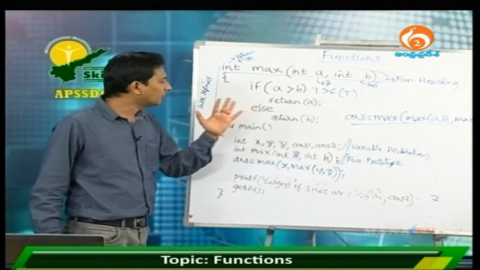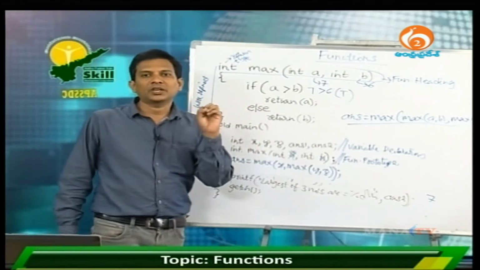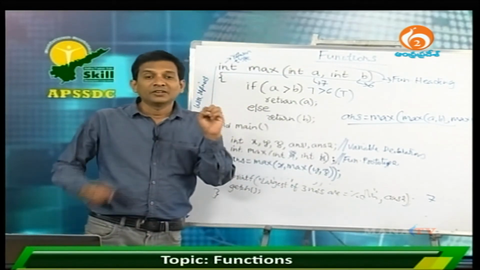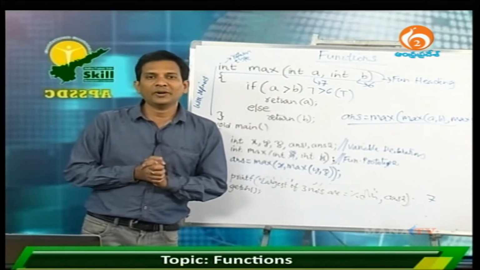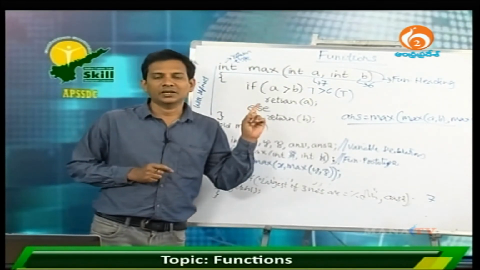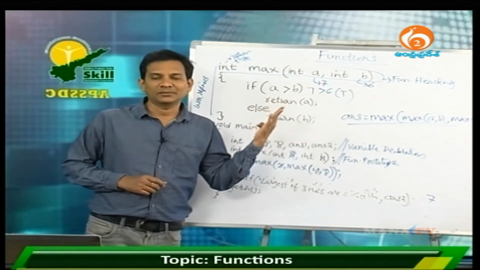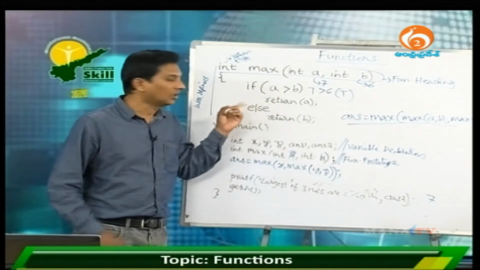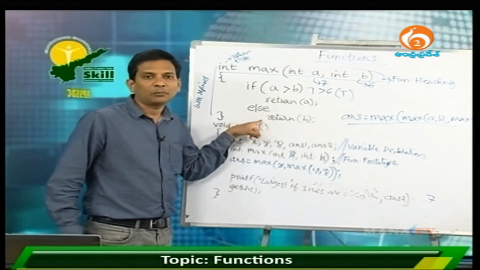It performs a specific operation. User defined function means which performs a specific operation. What is a specific operation here? Largest of 3 numbers, largest of 2 numbers, integer numbers. This is a specific operation. So, that operation you must write in this function body.